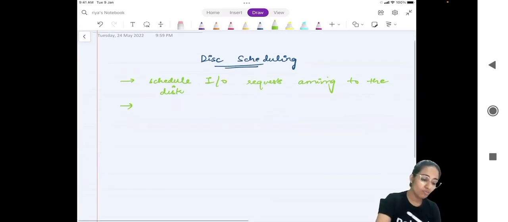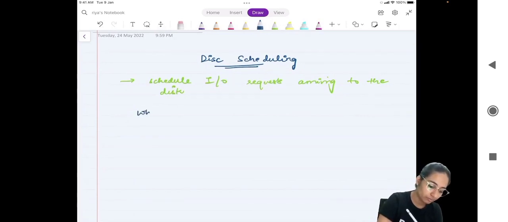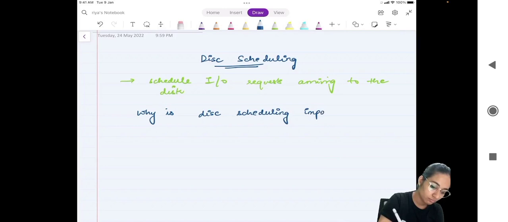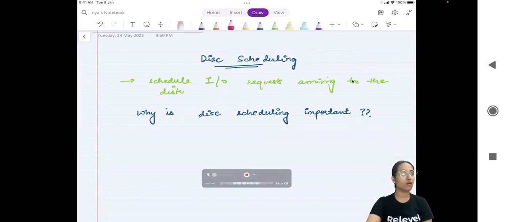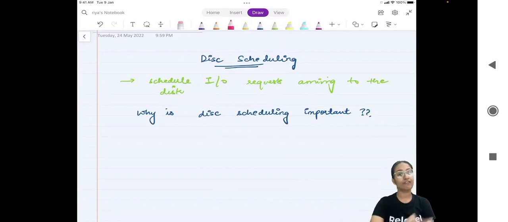Now, why exactly is disk scheduling important? The idea is that multiple input output requests may arrive from different processes. If we are working in a multi-processor kind of environment, it is very common to have multiple processes making requests for input output, whereas the disk controller can only process one request at a time.